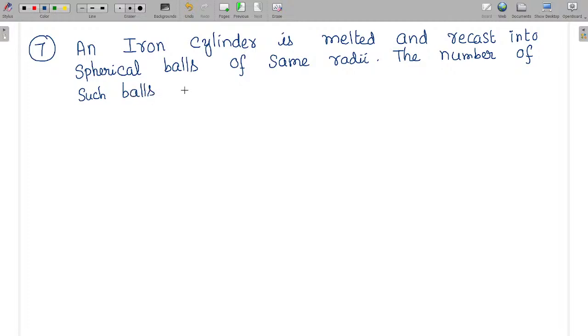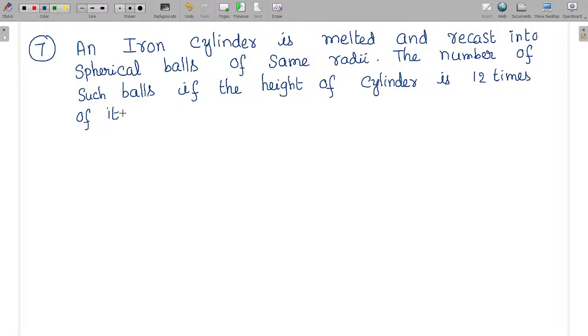Number of such balls if the height of the cylinder is 12 times its radius. It's a wonderful question.